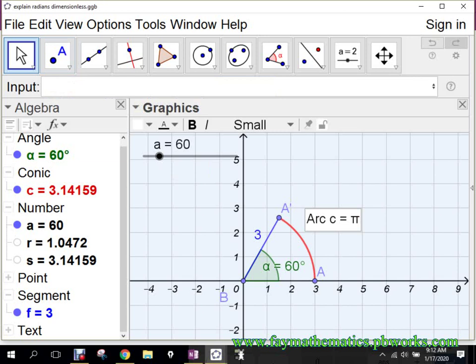By definition, we took a radius and laid it out on the circle and wrapped it around the circle 2 pi times, right? So basically what that says is if I take my arc length and compare it to my radius through division, I should get a radian. That makes sense? Or it should equal the radian for that angle.